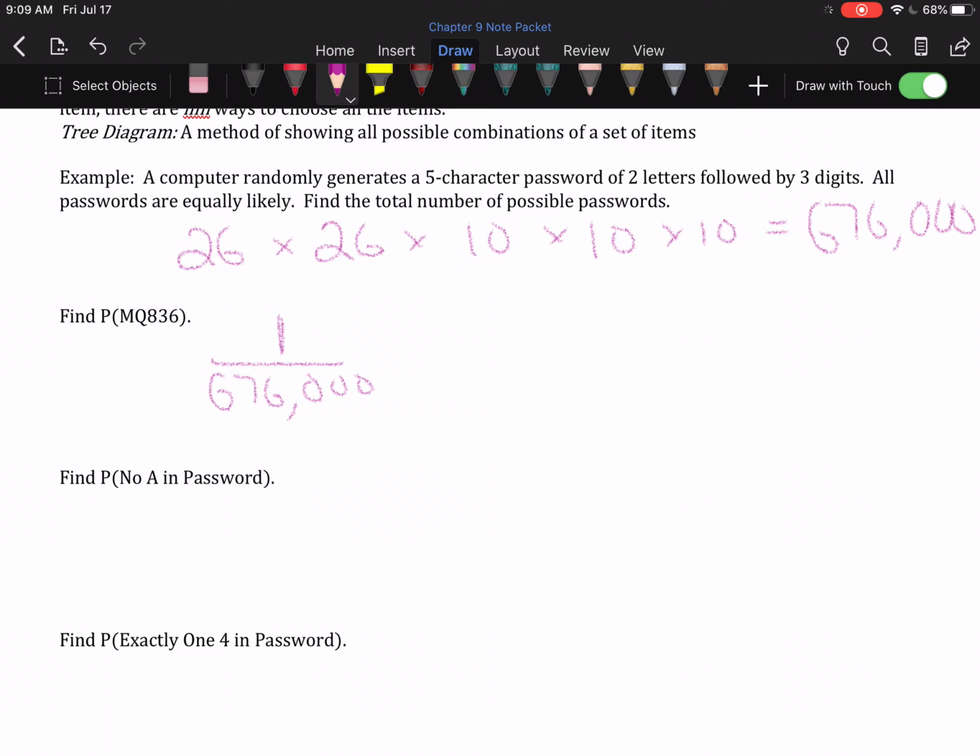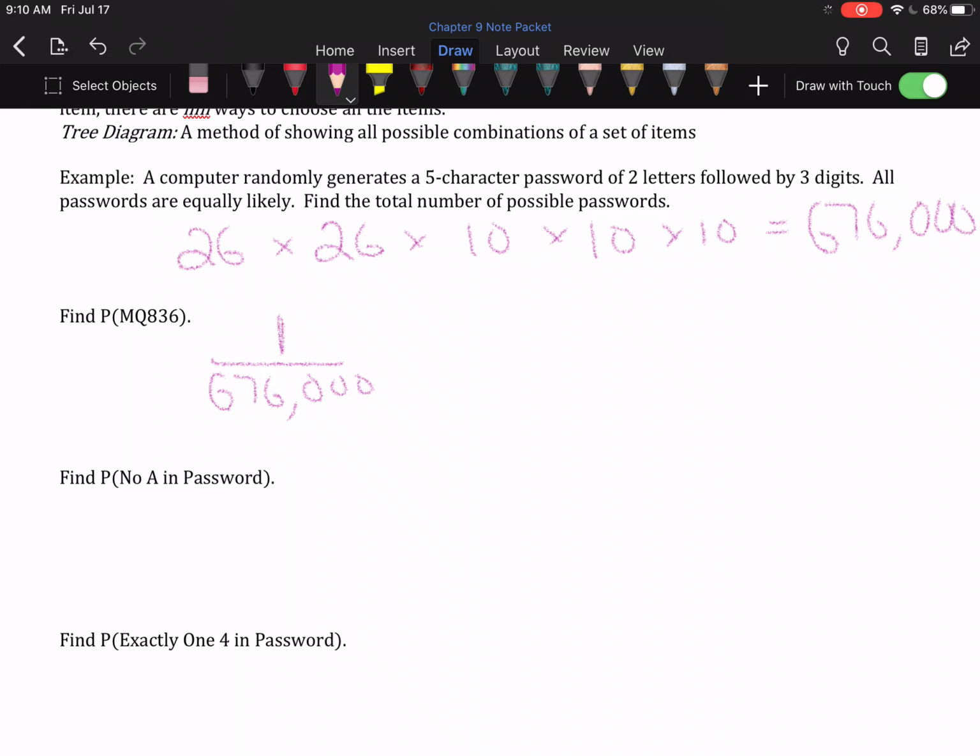Now we're asked to find the probability that there's no A in the password. And this takes a little bit more thinking. In order to handle this, with no A in the password, what we have to first figure out is how many of the passwords would not have A in them.